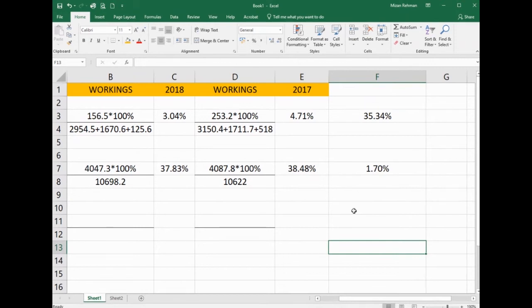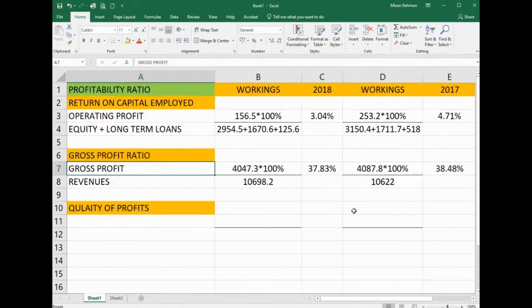How the GP itself is 38%, which is quite a good gross profit ratio. So this means that if a company sells something for 100, their gross profit is 38 pounds. That is quite good. Not excellent. There are some companies doing 50-60% GP ratio, but it is still very good.